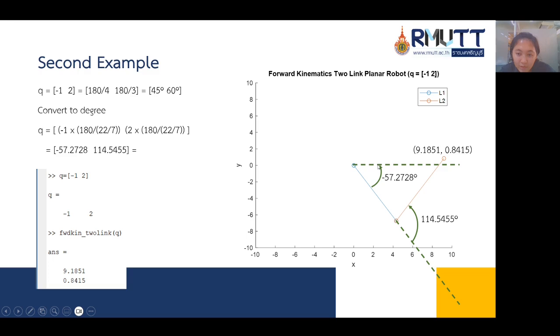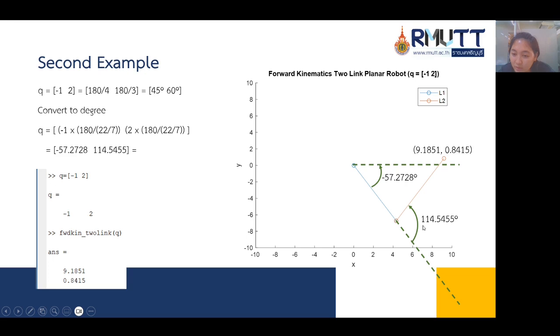The first joint angle, the value -1, is the same as minus 57.2728 degrees. So the movement is clockwise.